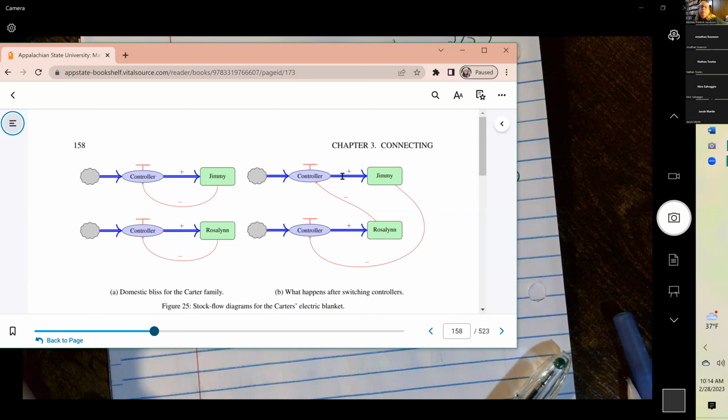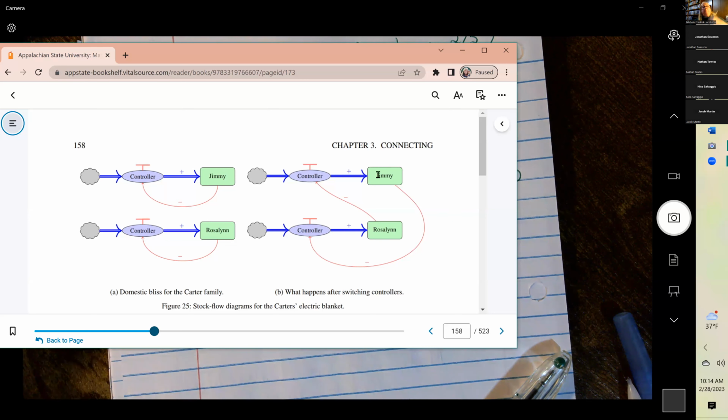Now this is when the wires were crossed, when they had the wrong controller on each side. Whatever his temperature was, when it was at that temperature, it sent the wrong signal to this one. And she sent her signal to this one.